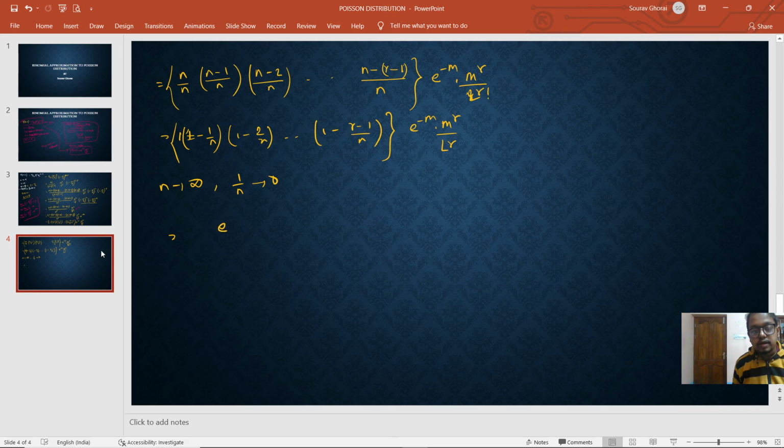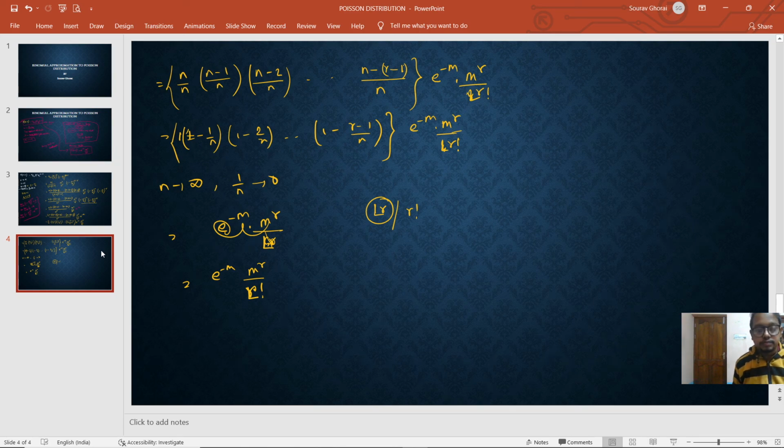So from here we will get e to the power minus m into m to the power r by r factorial. Here you can use the factorial sign either before r or as r factorial. Both are correct. As I used in the first, r factorial, you can also use this sign.